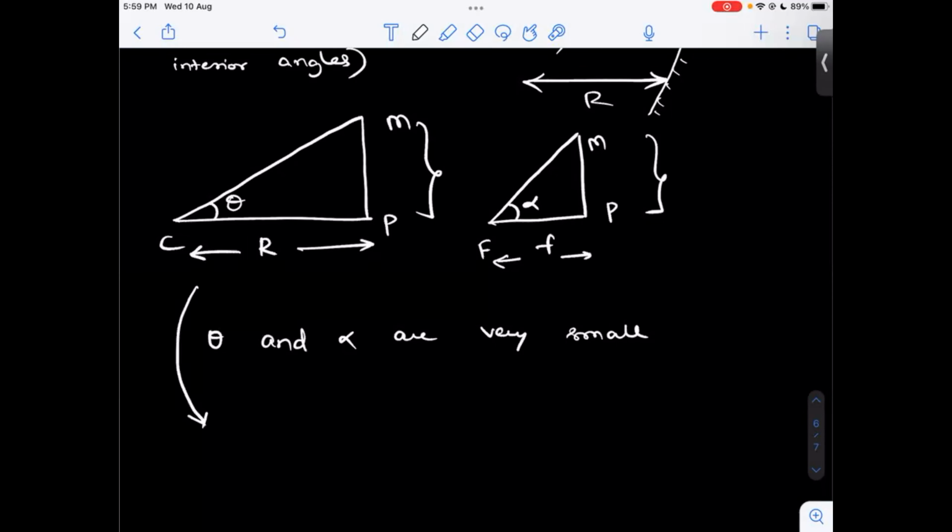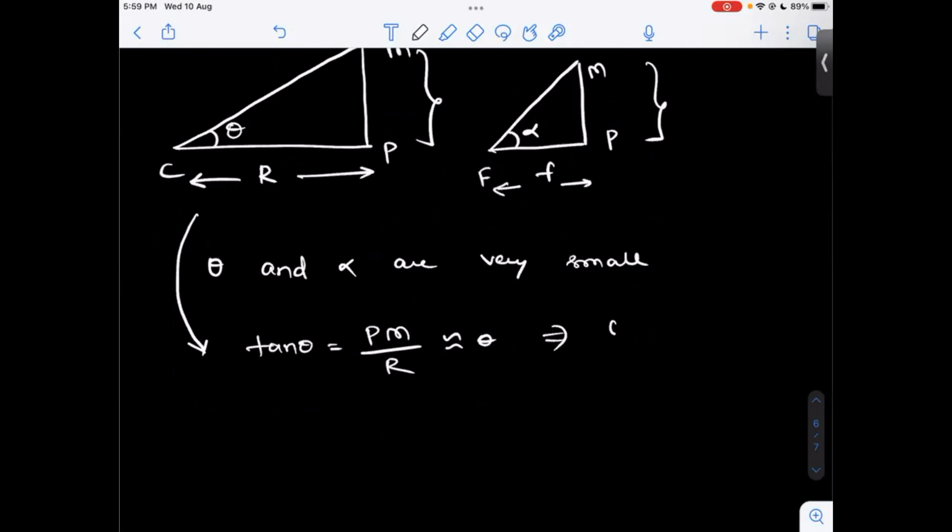From the first triangle, what is tan theta? Tan theta is equal to PM divided by R. But theta being small, it can be approximated to theta itself, which implies theta will be equal to PM divided by R. And I want you to concentrate again.